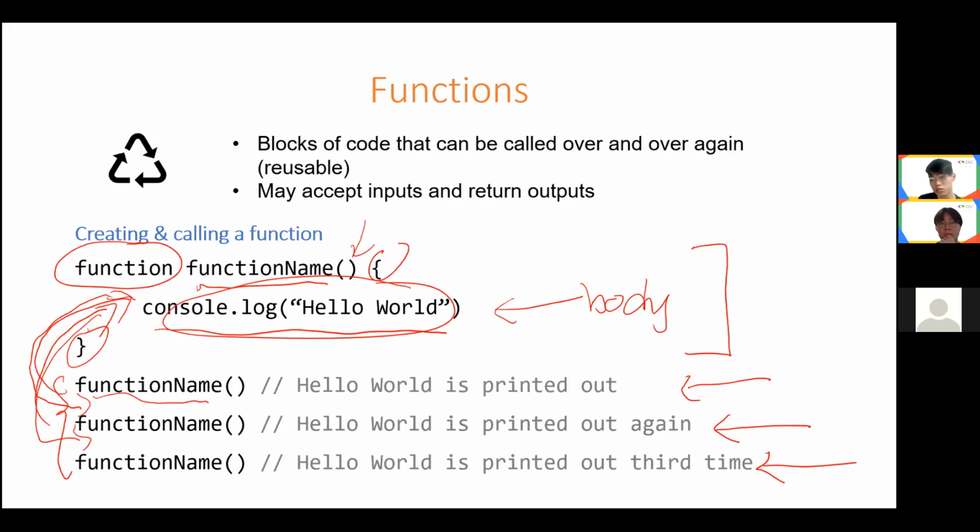And if you want to do this operation many times, you don't have to keep writing it out. Copy pasting your code is something that is frowned upon in programming. You don't want to repeat yourself, and that's where functions come in. You can just call this function and whatever is inside the body will be executed.